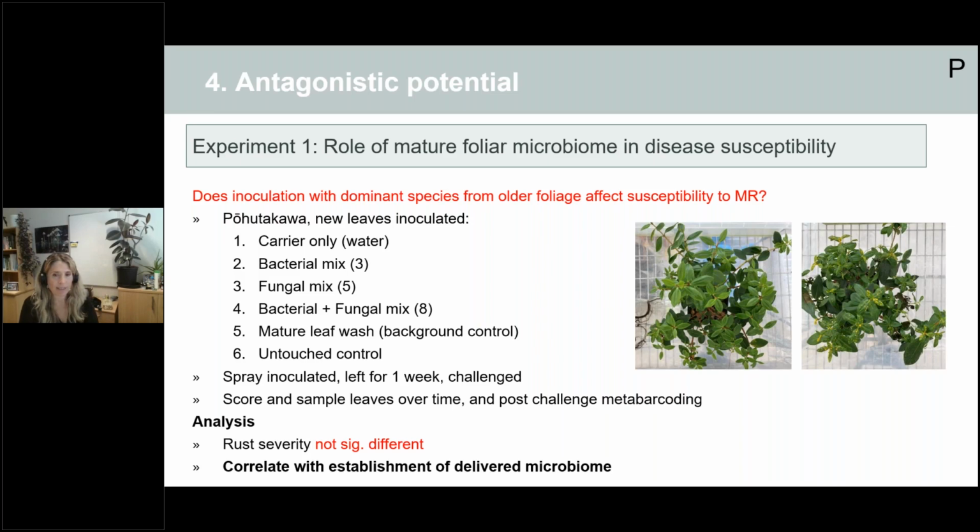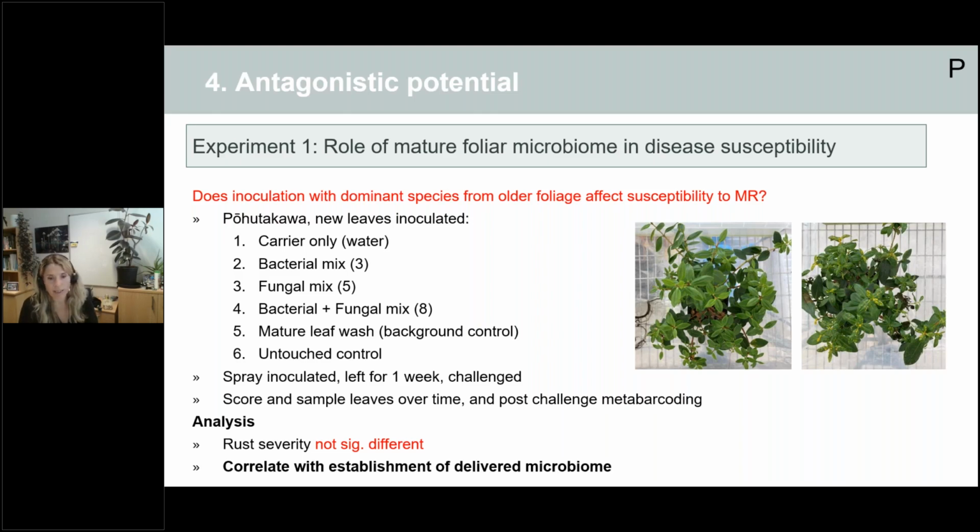So we had new leaves which were inoculated either with the carrier, with a mixture of 3 bacteria that were prevalent in the older tissues, a mixture of 5 bacteria that were prevalent in the older tissues, a bacterial and fungal mix, a mature leaf wash, which is a wash we took from mature leaves, so that's kind of the background control, and then an untouched control.